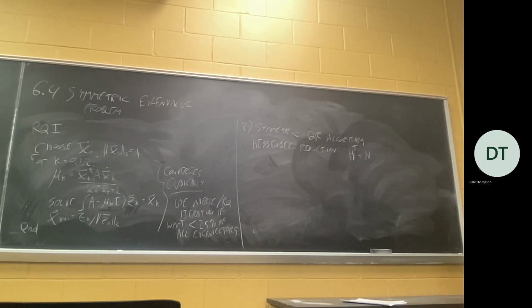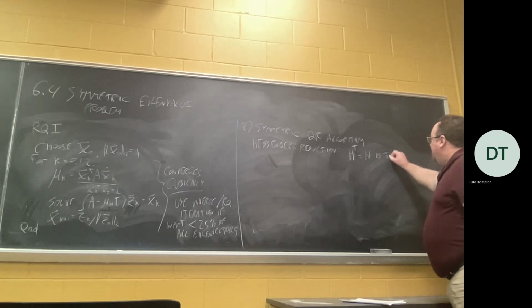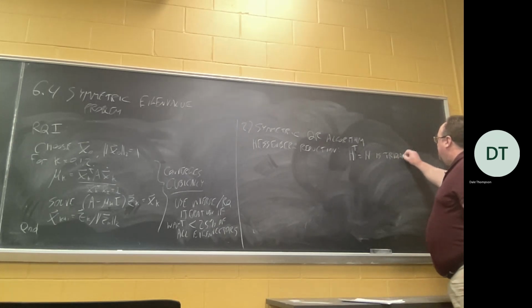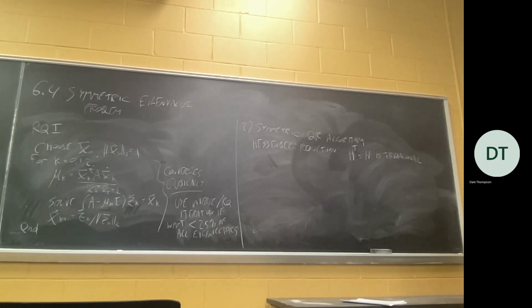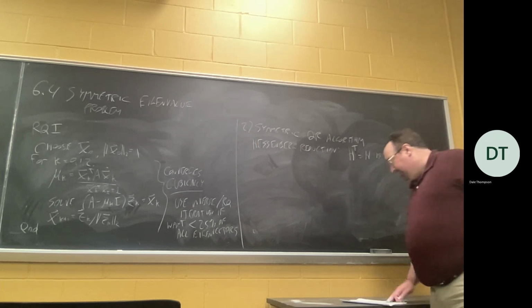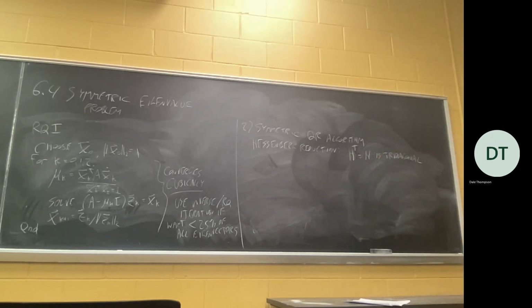So a symmetric Hessenberg matrix is tridiagonal, because in H all entries below the first subdiagonal have to be 0, but by symmetry, all entries above the first superdiagonal also have to be 0. So that's something that helps a great deal.